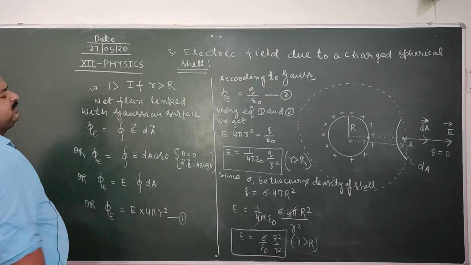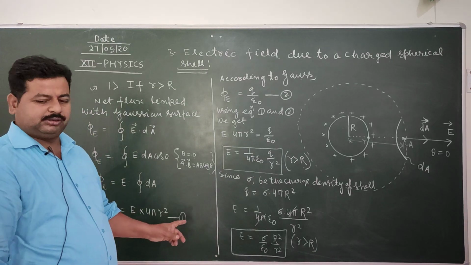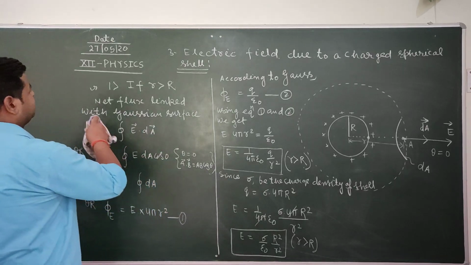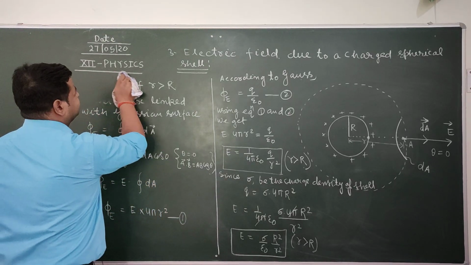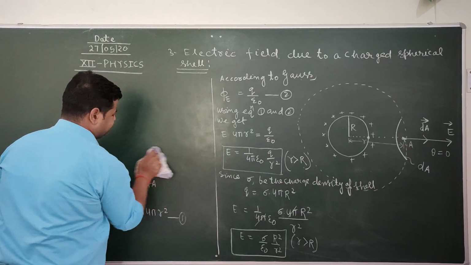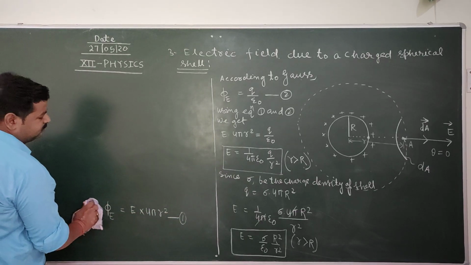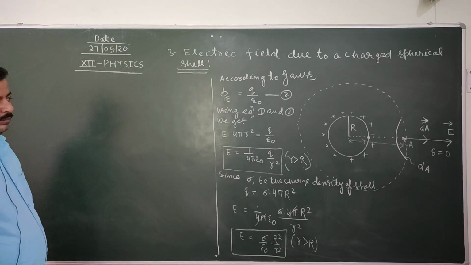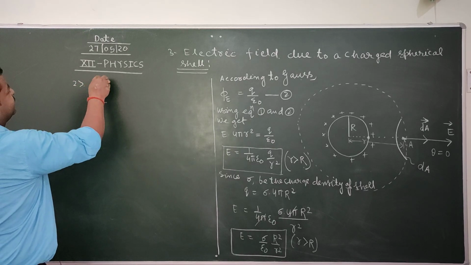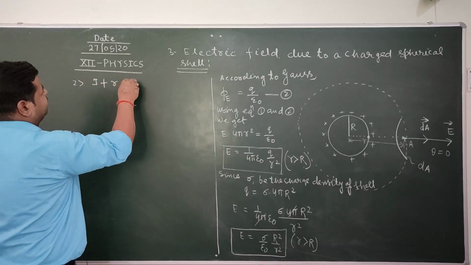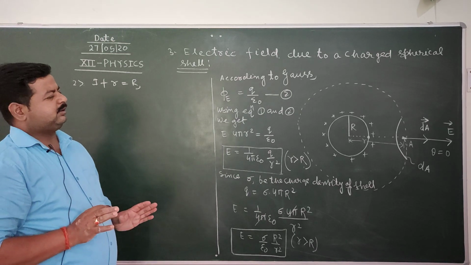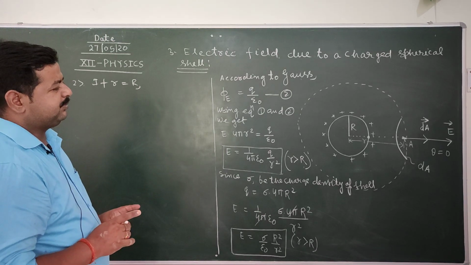After the first case we study the second case. So now we study the second part of this derivation. Second part, if small r is equal to capital R. So there is no need of a derivation for the second part.